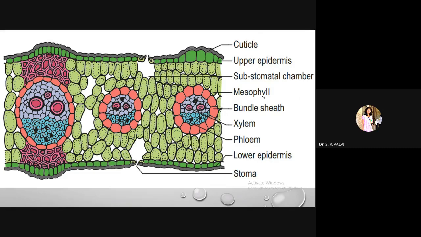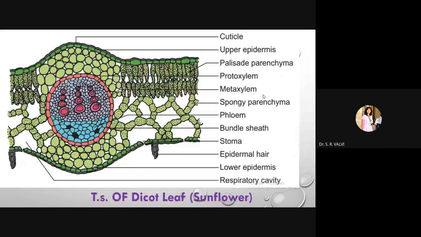So let's come to the dicot leaf. In the dicot leaf, this is the upper epidermis, which is protected with the help of the cuticle. The lower epidermis also has a waxy coating, which we call the cuticle. It is present in order to avoid transpiration; it minimizes the transpiration rate.